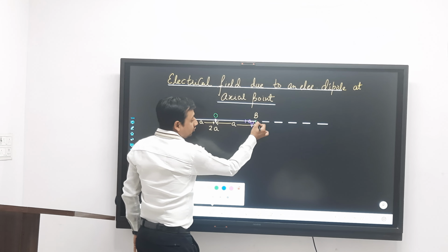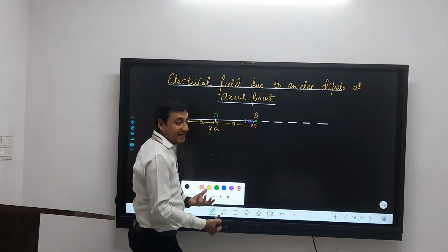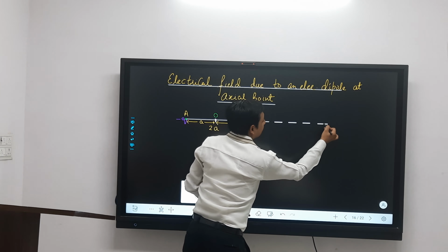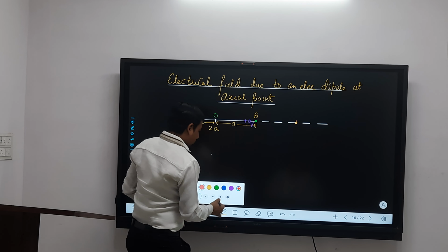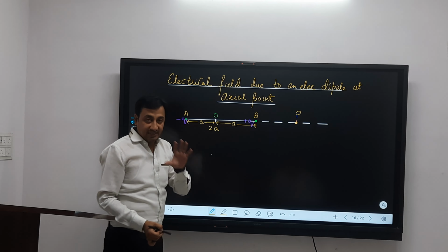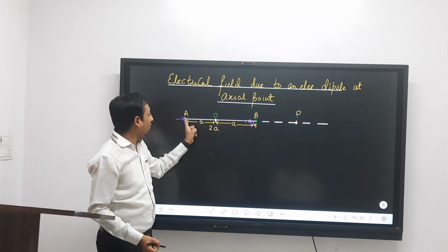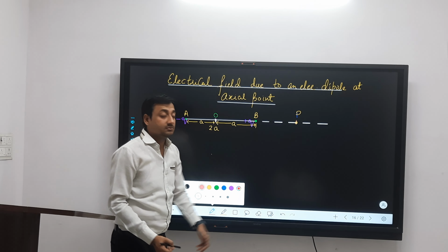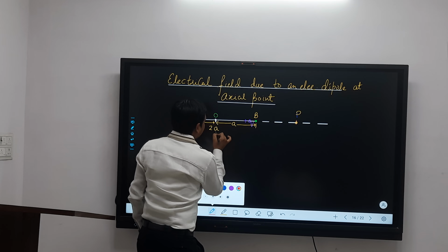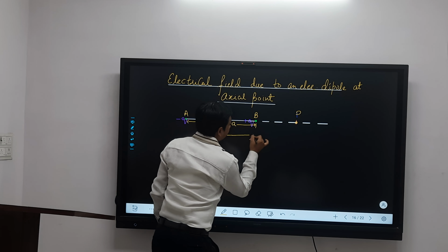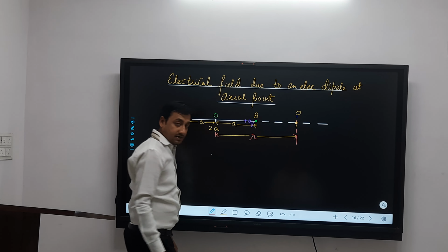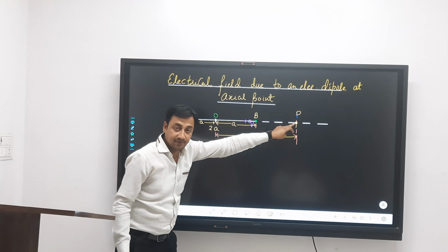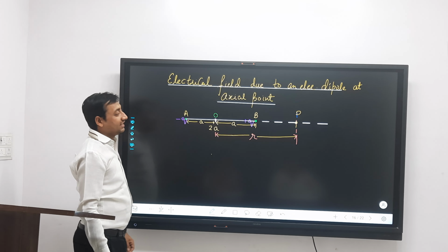Let's suppose we have to calculate the electrical field due to A and B at some point P, at a distance r from the center point O.